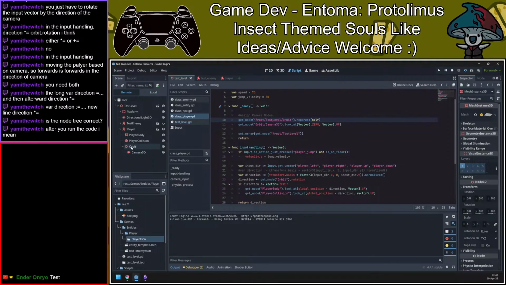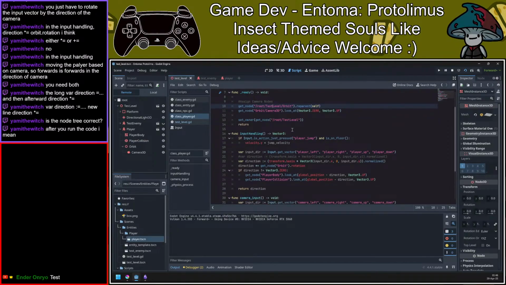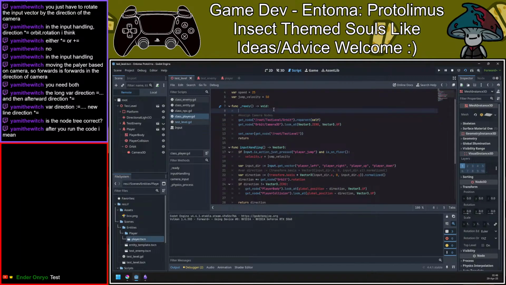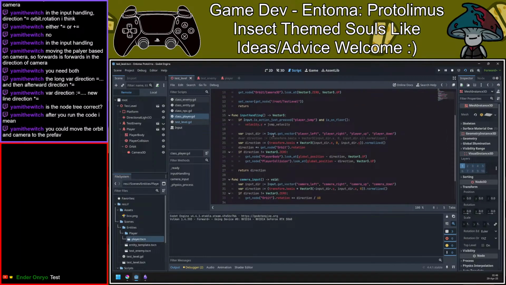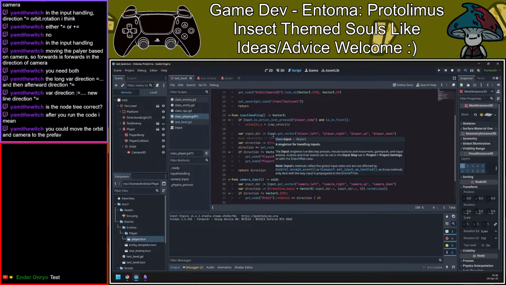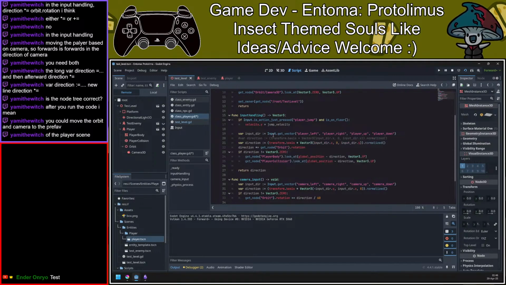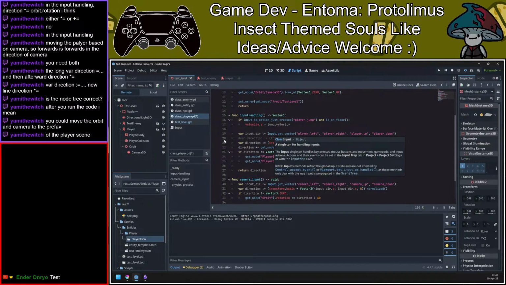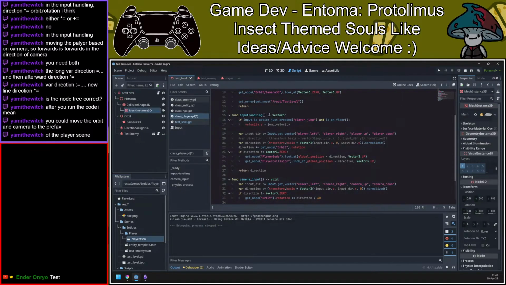Okay, so this stuff pre-exists. It gets moved to the player. Move the orbit and camera to the player scene. True. That's a good point.